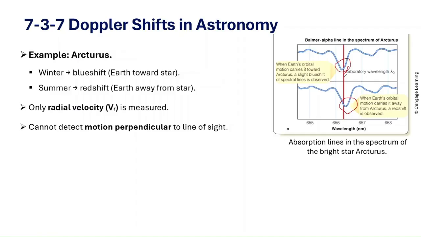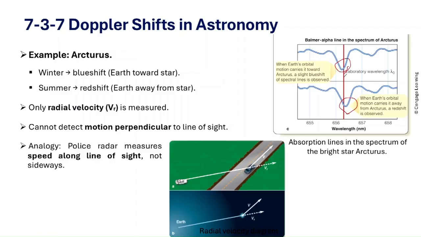Okay, let's think of a police radar gun. It measures the speed of a car coming straight at or away from the radar. But it can't measure how fast the car is moving sideways along the road. Now in this diagram, A shows the radar example and B shows a star moving through space.